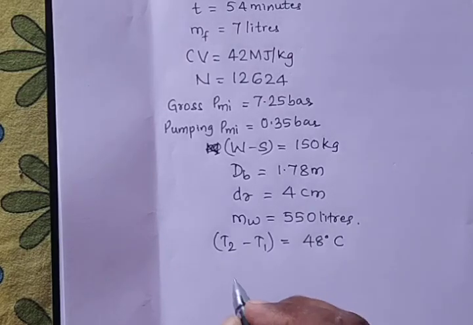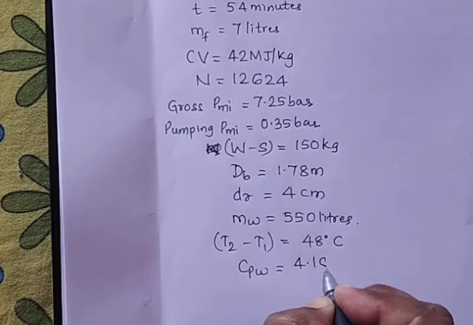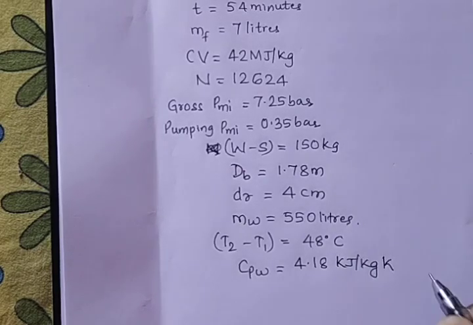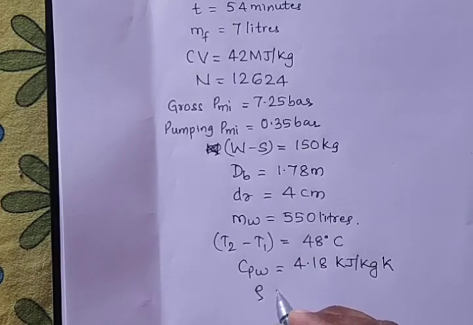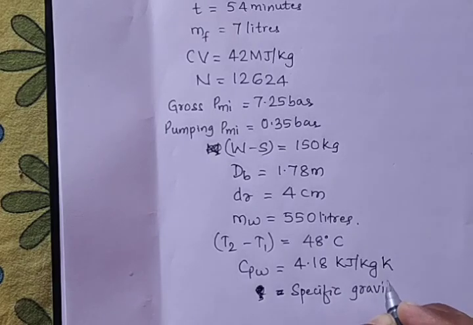Then specific heat of water CPW is given to us 4.18 kilojoules per kg Kelvin. And he has given us rho, that is specific gravity, or I will write it as specific gravity only, and we will convert that later into density. So specific gravity of oil is 0.8.